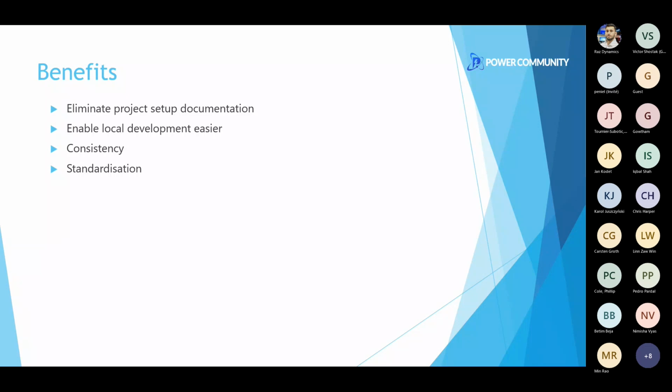If you are going with a manual approach, you have to set up documentation which everyone has to follow whenever they start a new project, right? The Power Apps project generator would eliminate that documentation, because you just run a few commands, it gives you the structure, so you are ready to start from the word go.